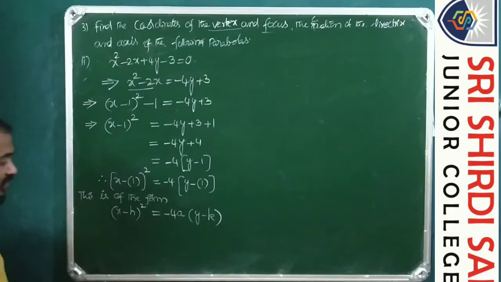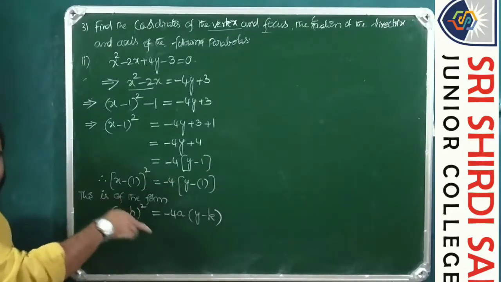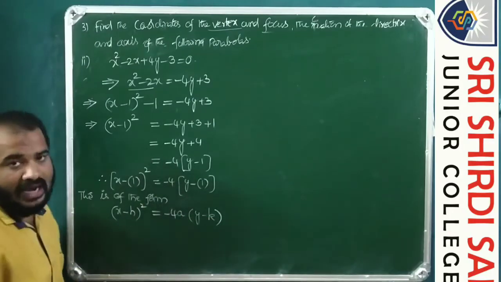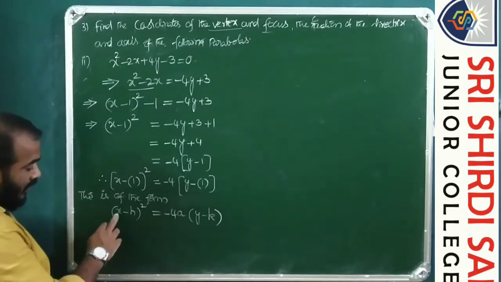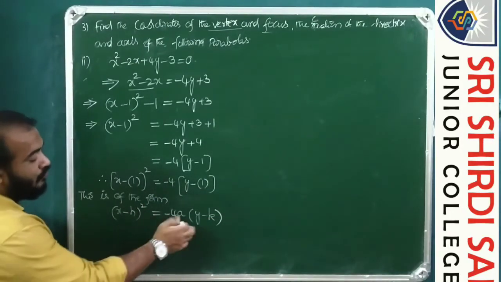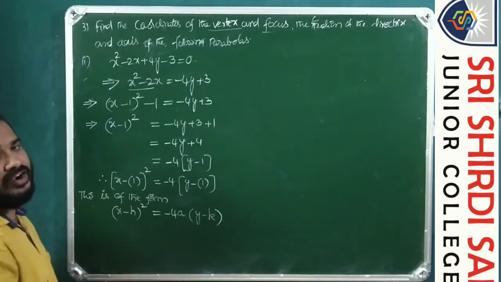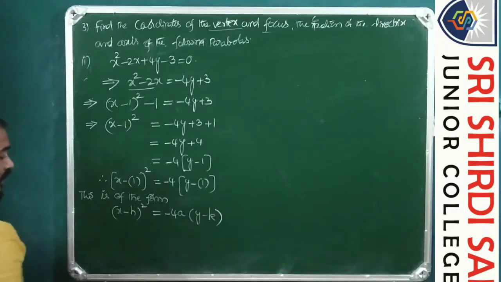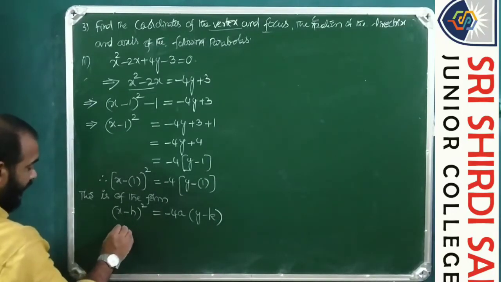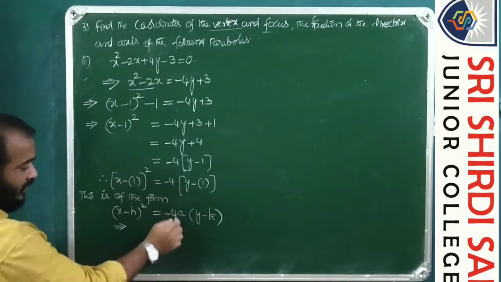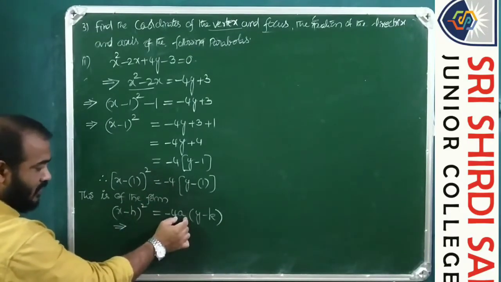So here this is the parabola not in its standard form, because h comma k are additionally added. Had it been x square equals minus 4ay, then the vertex would have been (0, 0), and in that case it would be the standard form of the parabola. So comparing this with this, minus minus same, in the place of 4a we have 4.